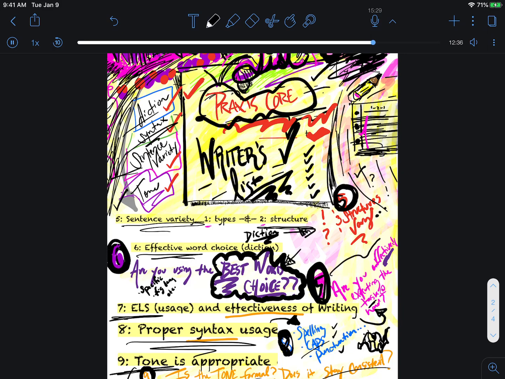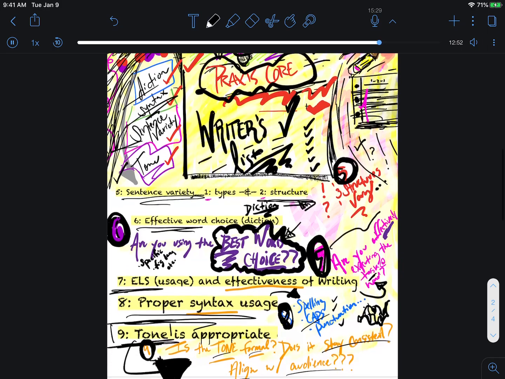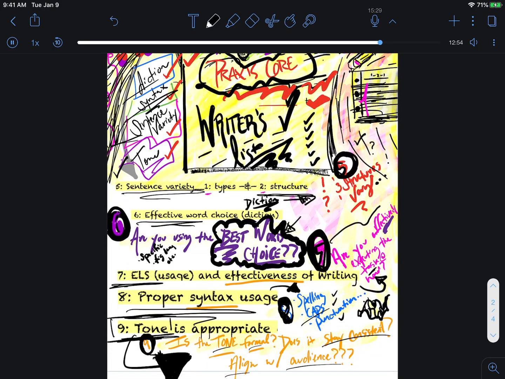So we are on to 9, and that is tone. All right. And tone is the author's attitude towards the subject. So with this essay, the reader, the person that is grading your paper, who is going to say that you pass or you fail on this essay, is an educated adult and they expect a formal paper.